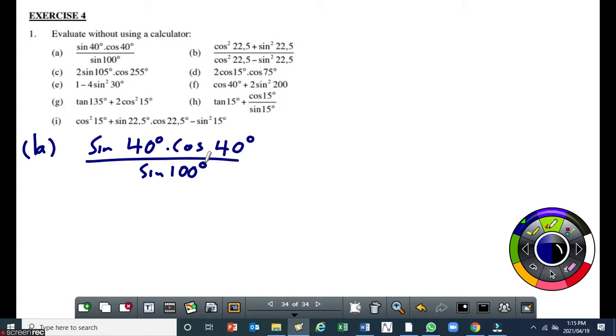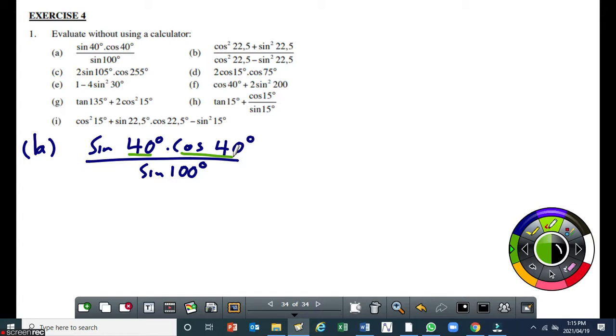Now if you look at the numerator, it's a product of sine and cos, and the angle is the same. But we don't have a 2 in front. So in order for us to carry on without using a calculator, we have to use a mathematical manipulation.